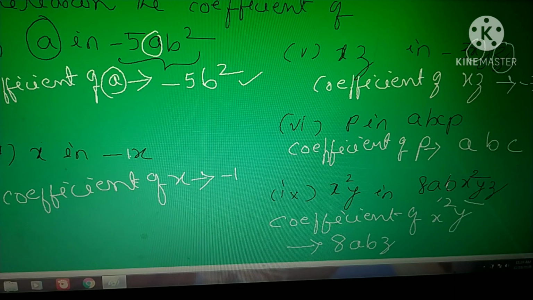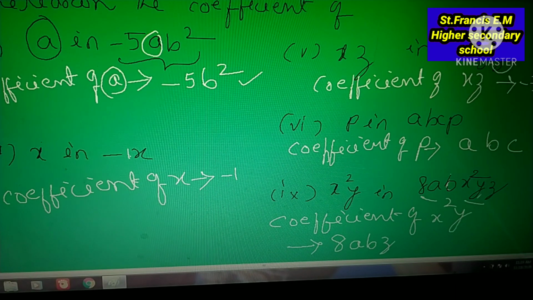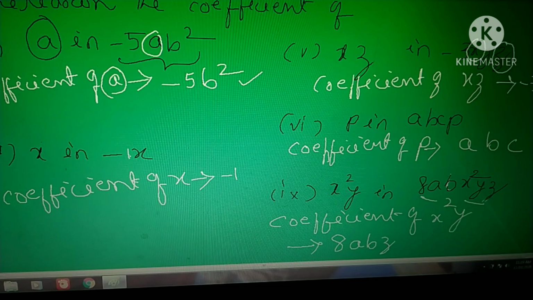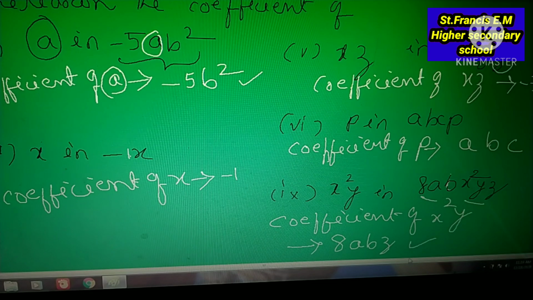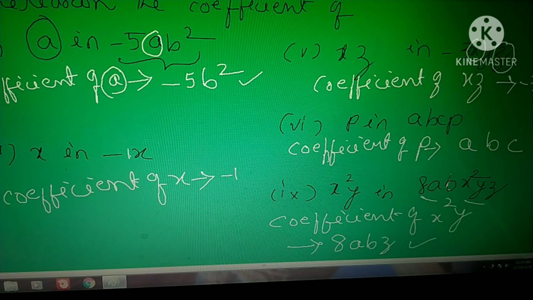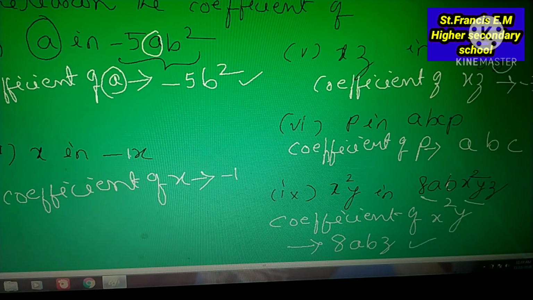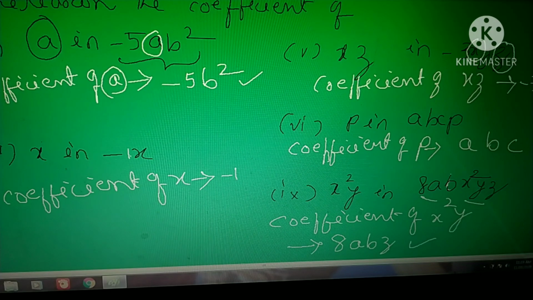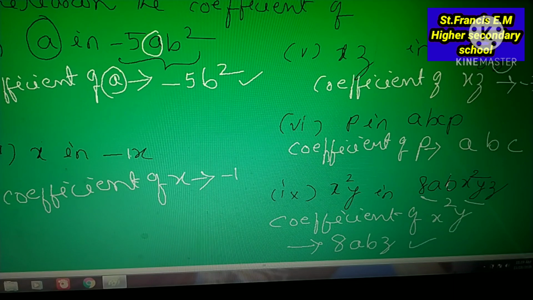What are they? 8abz. This is your coefficient of x square y. So whatever coefficient of a particular number or variable they have asked, leave that number or variable and write down the remaining factors. Then you will get the coefficient of that particular variable or number. Understood?